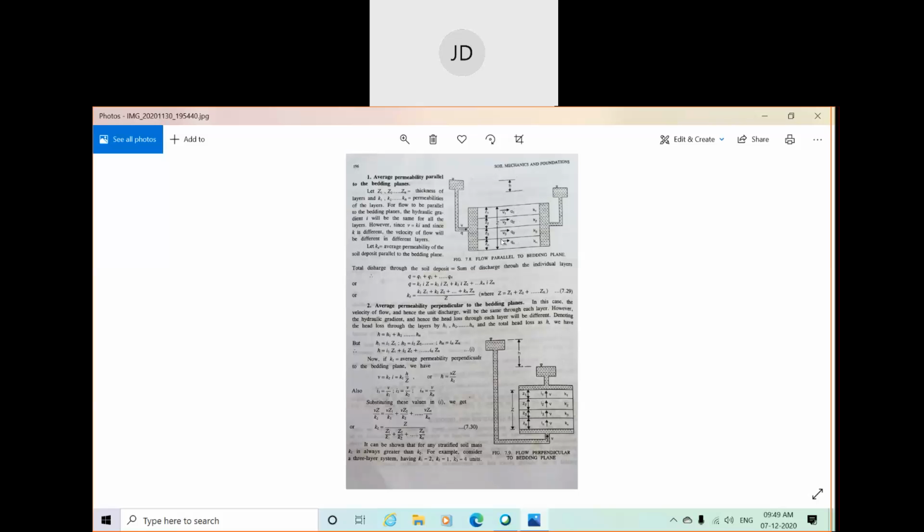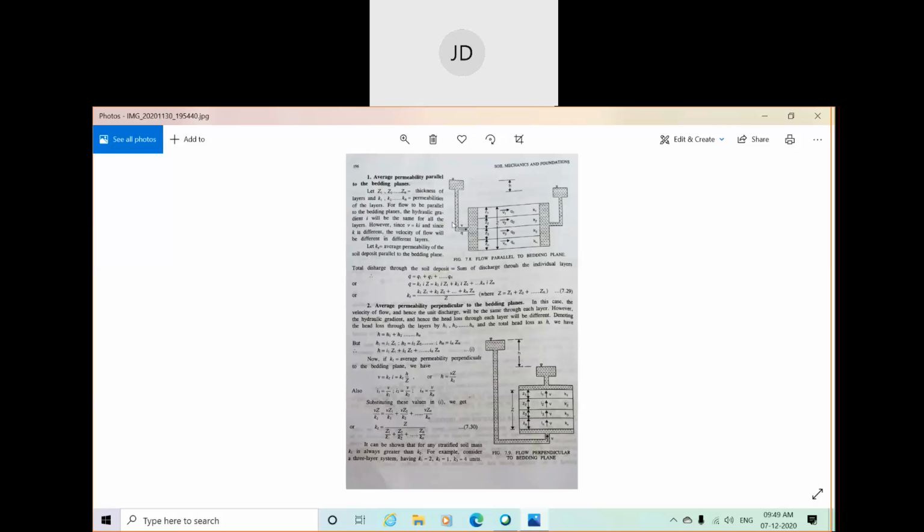Since H by L remains the same for each layer, the hydraulic gradient i also remains the same for each layer. For the first, second, third layer, all of them, the value of i will be the same, H by L.